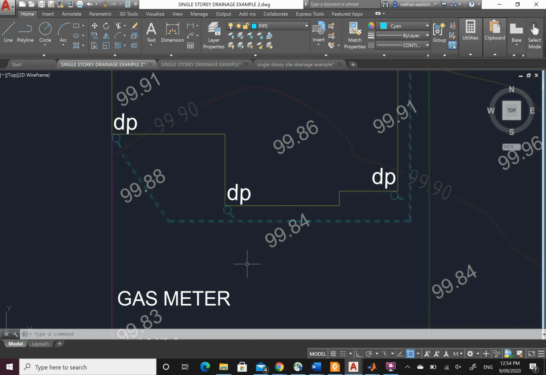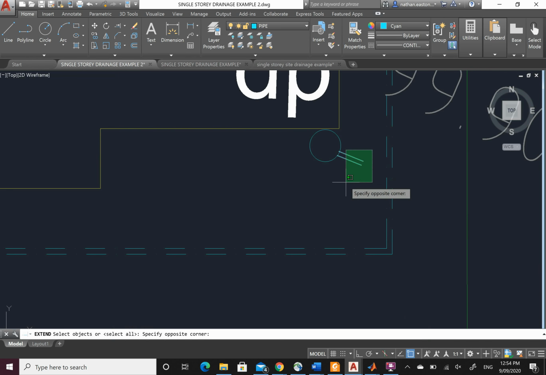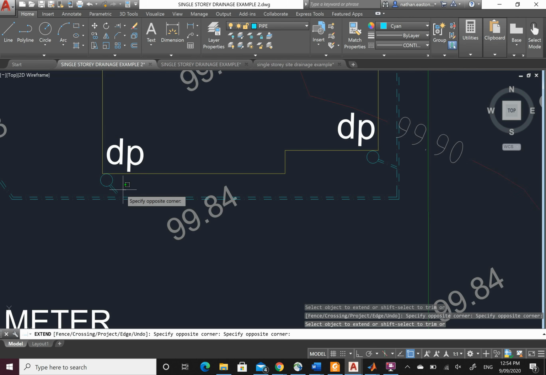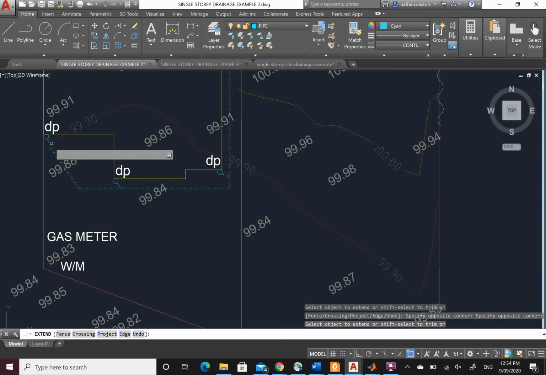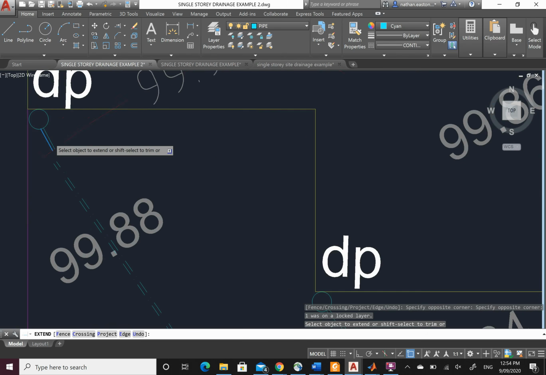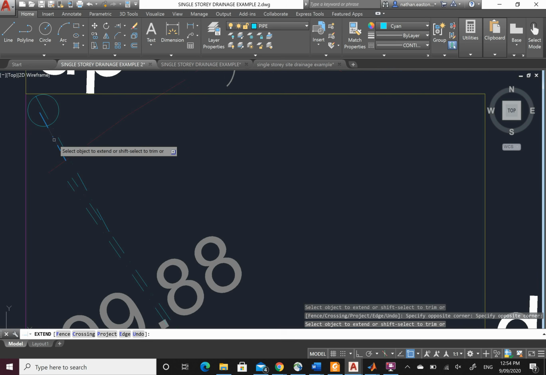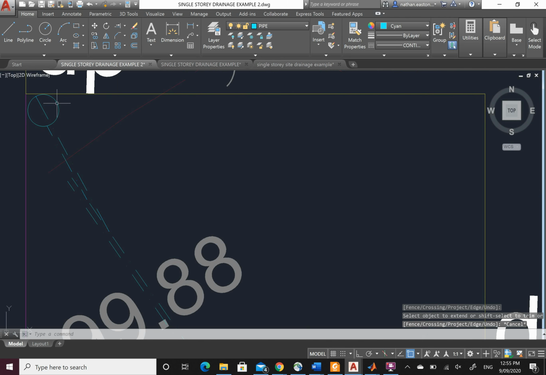All right, what do I need to do? Well, let's extend these again. Alright, it's a bit messy, but we'll tidy it up. Trim here.